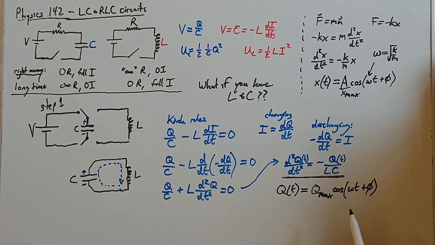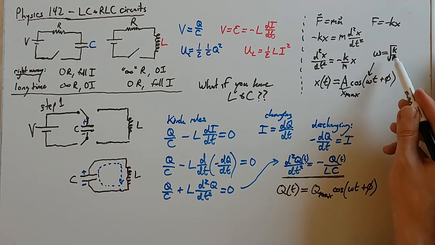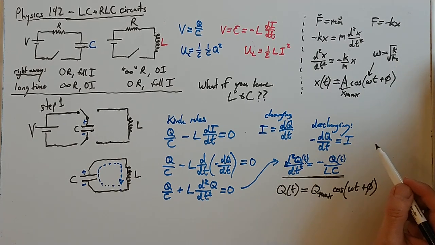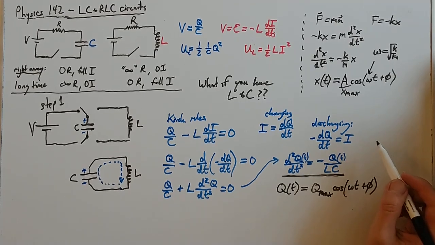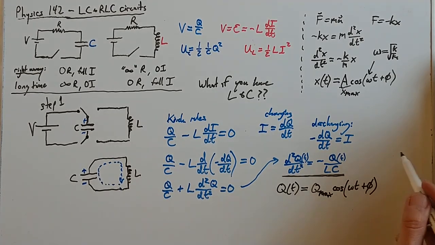Just the same thing. You're going to have an oscillating system here. Now remember here, omega was the square root of k over m. So what is our new omega going to be here?